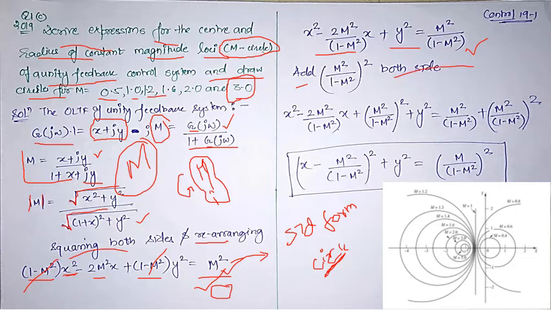Doing so, your equation looks like this, and easily you can combine the first three terms using the standard quadratic equation formula. It is (x minus M square divided by 1 minus M square) whole square plus y square equals M divided by (1 minus M square) whole square.